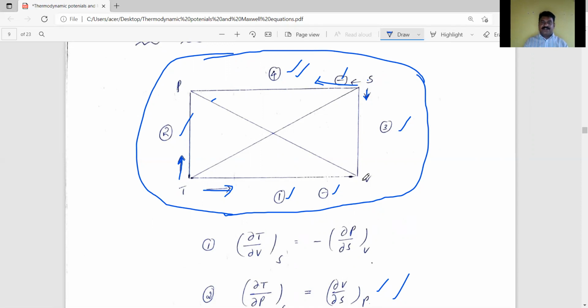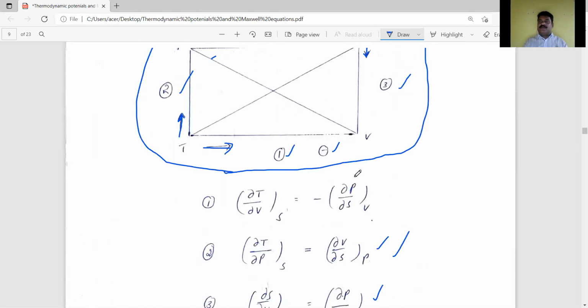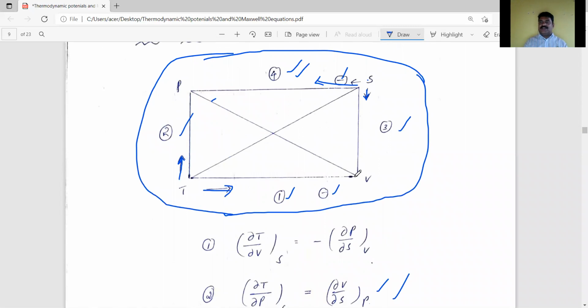Similarly, in the opposite direction, dou V by dou T at P. So, as the number 4 is given the negative sign, you should maintain the negative sign either on the left hand side or on the right hand side. So, this is the fourth equation. Dou S by dou P at T equal to minus dou V by dou T at P. In this manner, one can remember Maxwell's equations very easily by using this technique.